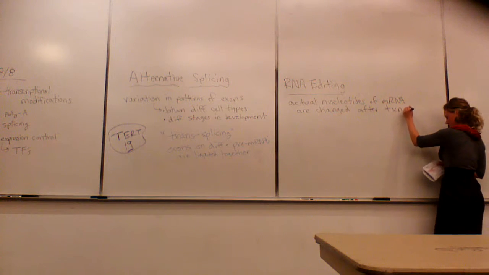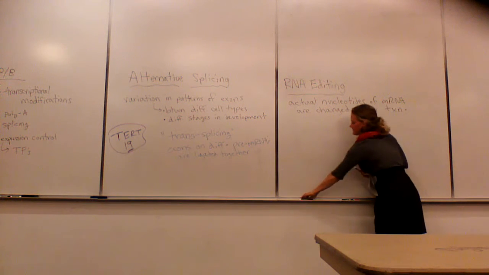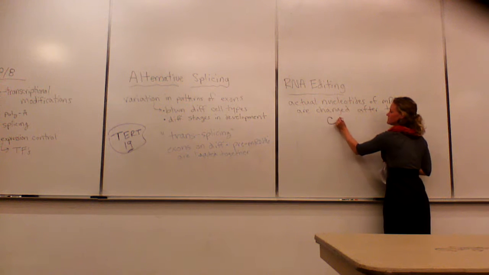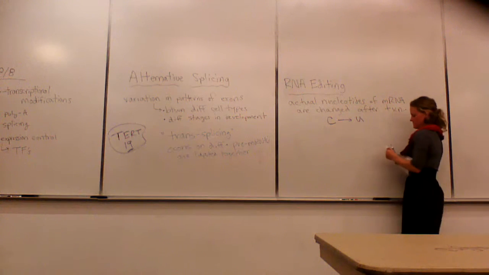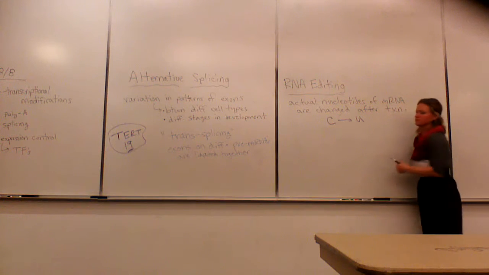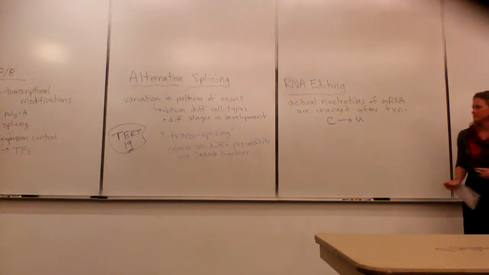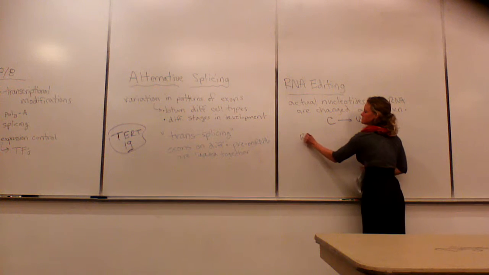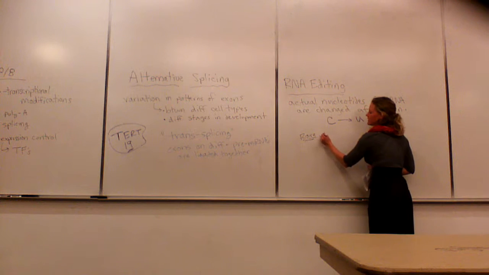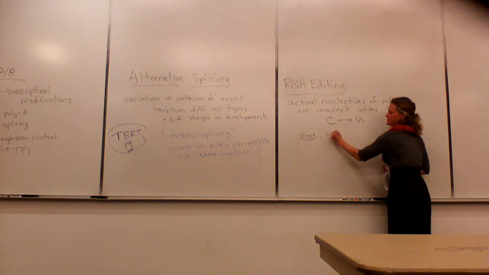Often, the most common one seems to be a C to a U for whatever reason. So a lot of cytosines get changed to uracil. This is very rare. RNA editing is rare and definitely still under investigation.